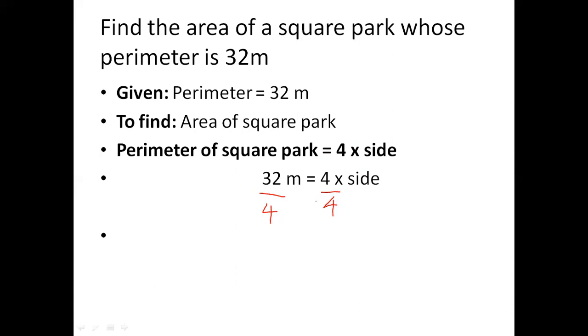Both the sides I will divide by 4. So 4 and 4 can get cancelled. And I know that I can cancel 4 and 32 because 4 multiplied by 8 will give me 32.